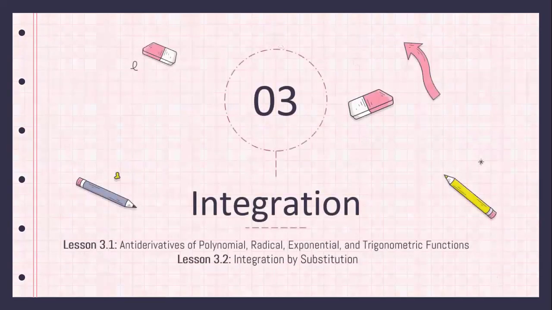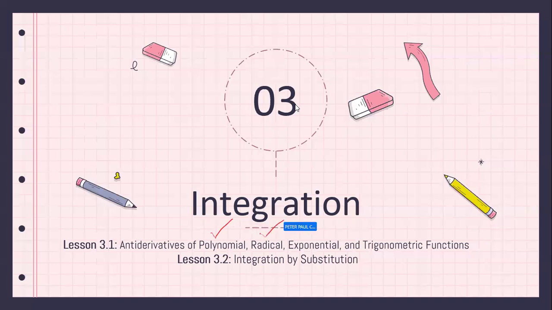For this video lesson, we are still on lesson 3.1, which is the antiderivatives of polynomials and radicals, exponential functions, and trigonometric functions. In the previous discussion, we're already done with polynomial functions and radical functions.